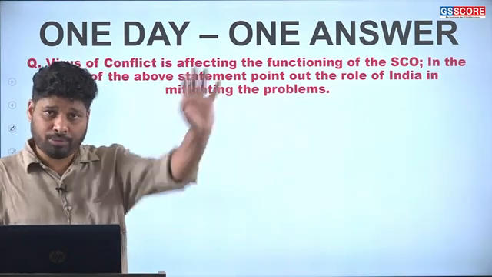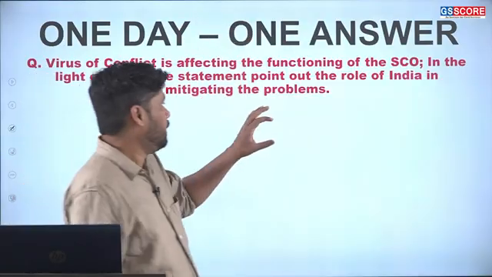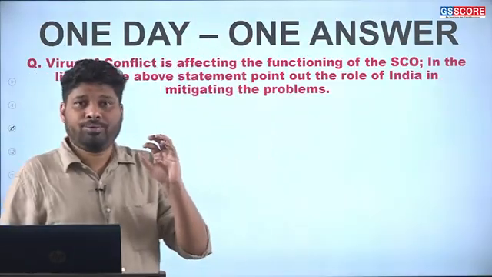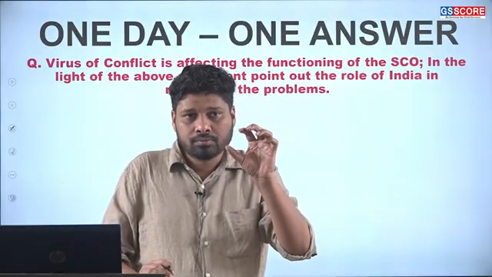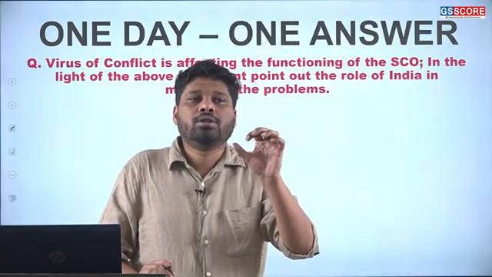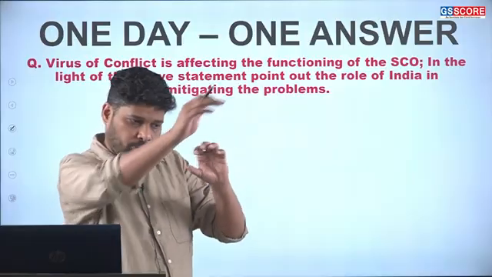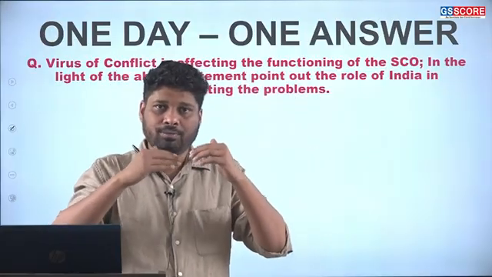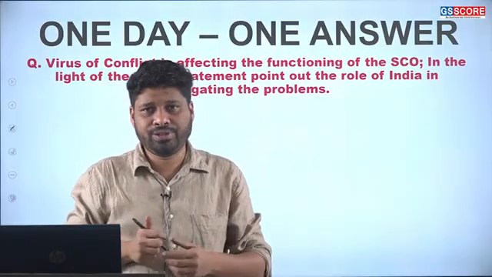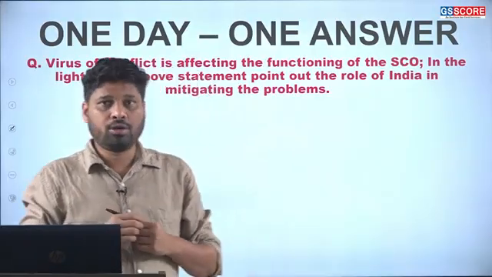Also, when you look at the problem they have asked in the question, they have asked a specific problem: problems between the countries, problems of unity of the Shanghai Cooperation Organization. So how to go about it?